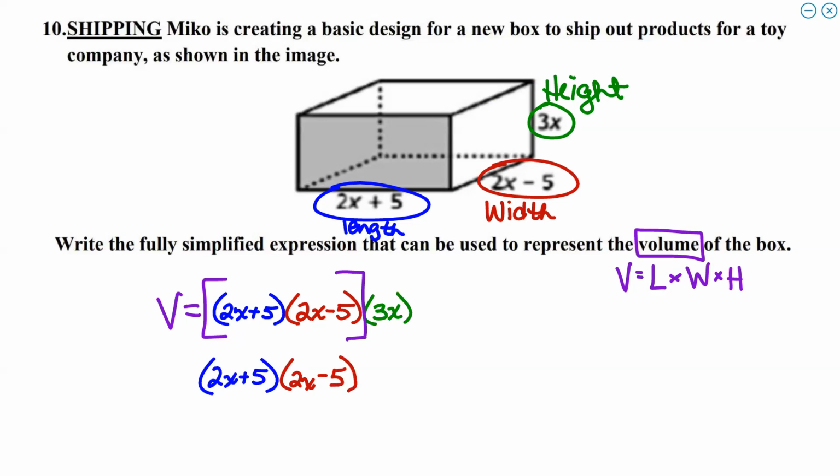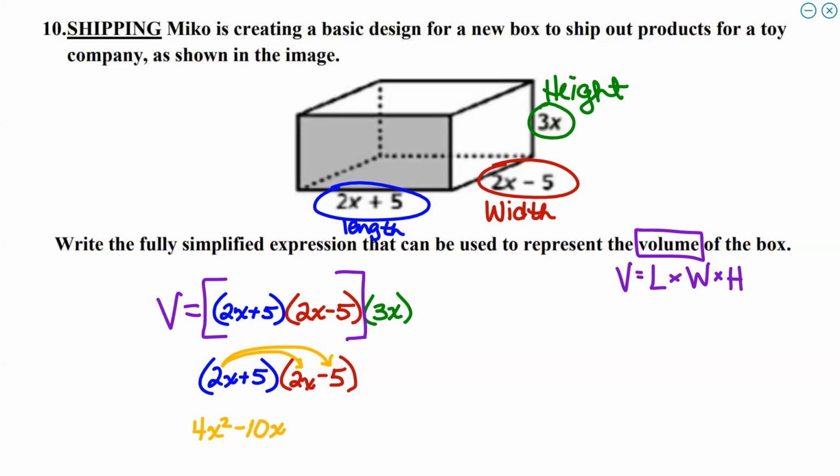Tell me all the things I need to distribute. 2x goes to 2x. Let me get a different color up real quick. So 2x times 2x is what? 4x squared. What else do I need to multiply? 2x and negative 5. What does that give me? Negative 10x.